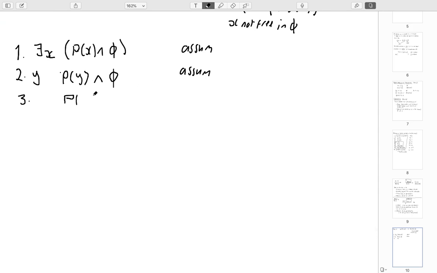So this is by elimination 1. Maybe going fast doesn't work. Let's try doing it backwards. Okay, and elimination 1 from 2.